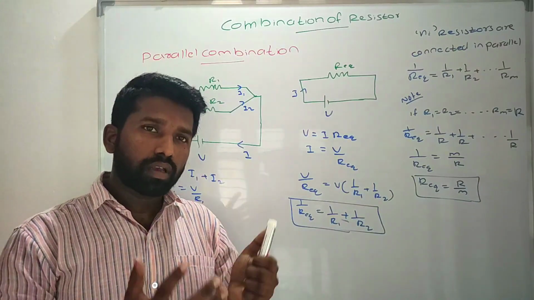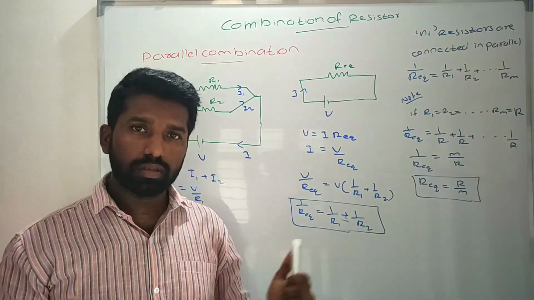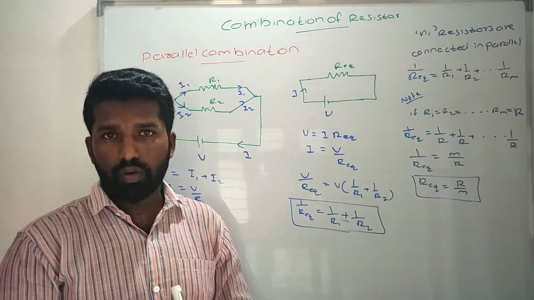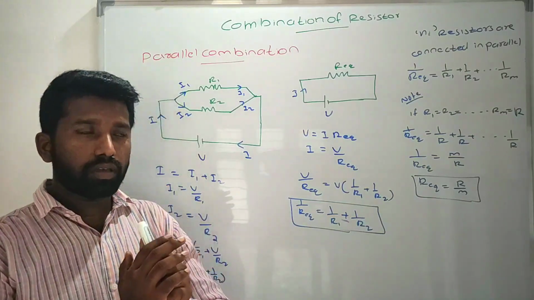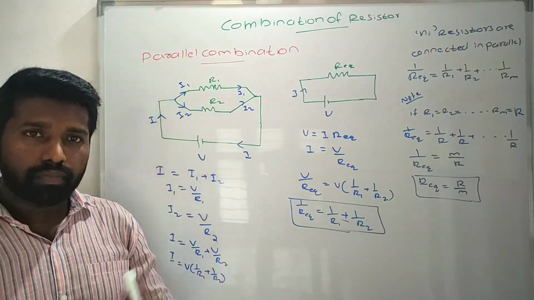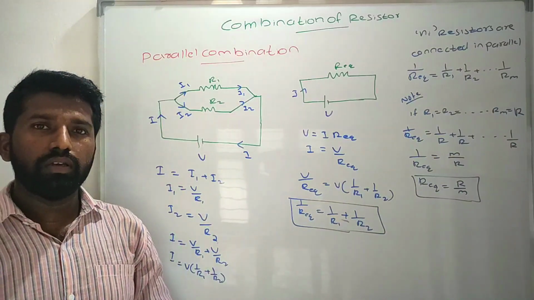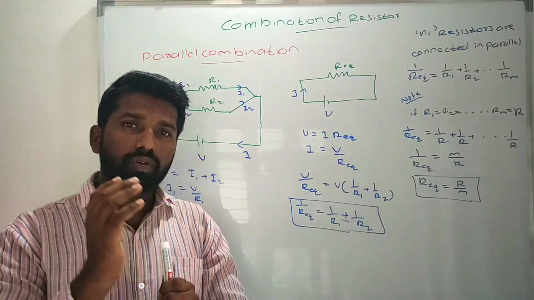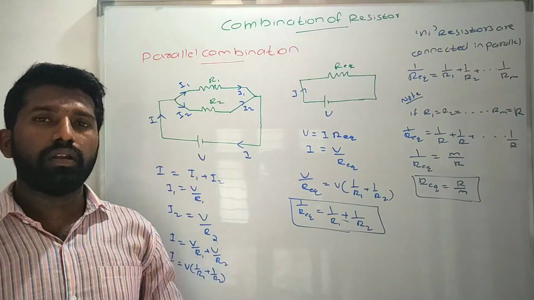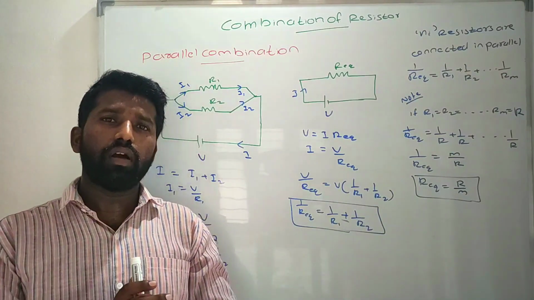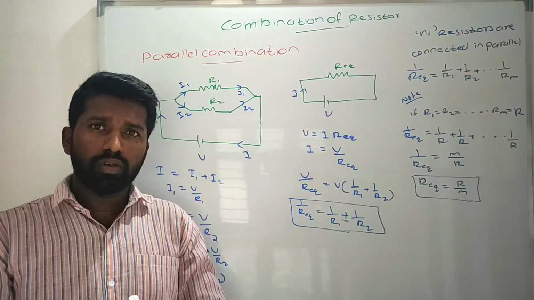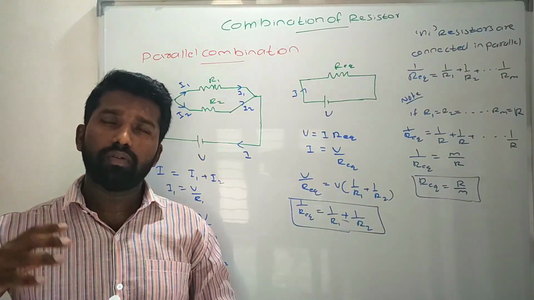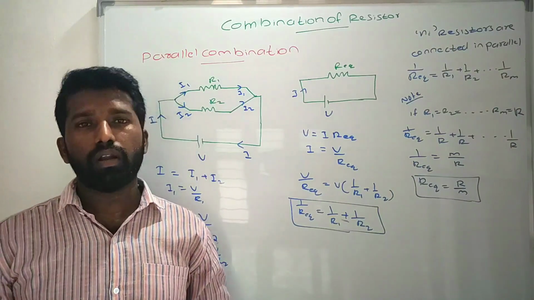If you want a small resistance from larger resistors, you can connect them in parallel. Okay, clear? And a very important thing for a parallel connection: the voltage is the same. If you connect any devices in parallel, all the devices will have the same voltage. So we can connect all our devices at home in parallel.